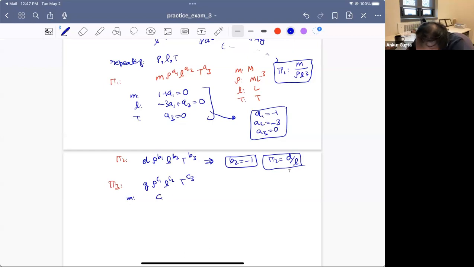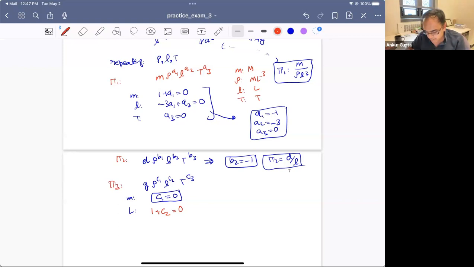So this will simply imply C1 is equal to 0. There is no mass in anything else. Then lengthwise, we do have it in meter per second square, so we do have 1. Then we have plus C1, because our density is not there, so I will not write it, but you could. Then we have length as 1, C2.